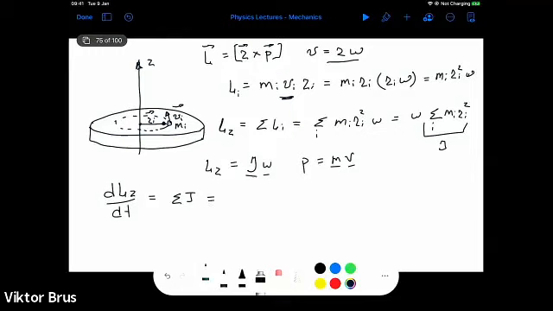And what we learn now, it will be moment of inertia times d omega dt, and this is moment of inertia times angular acceleration alpha.